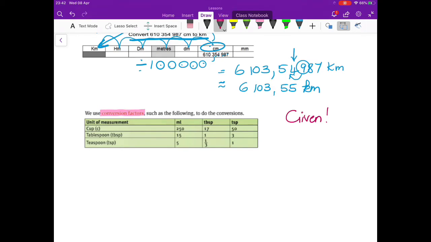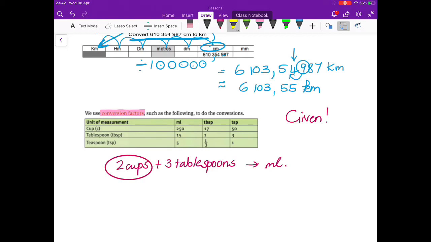For example, you need to convert 2 cups and 3 tablespoons to milliliters. First I'm going to separate this. 2 cups: here is my cup, and I'm converting to milliliters. This will form your ratio.